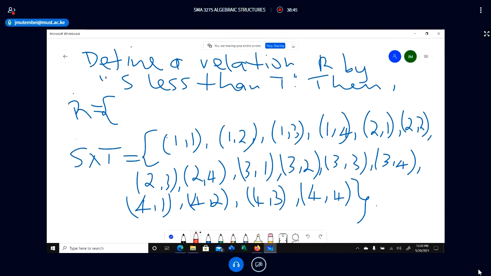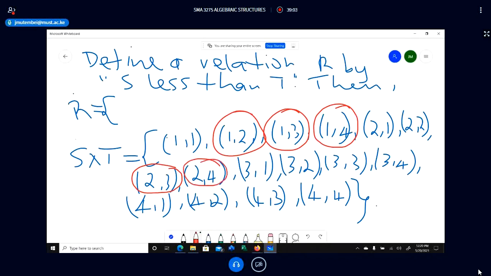I will circle with a different color the ones that satisfy my relation R. These two do not satisfy. 2 is less than 3, 2 is less than 4, 3 is not less than 2, 3 is not less than 1, 3 is not less than 3, 3 is less than 4. All the others do not satisfy.